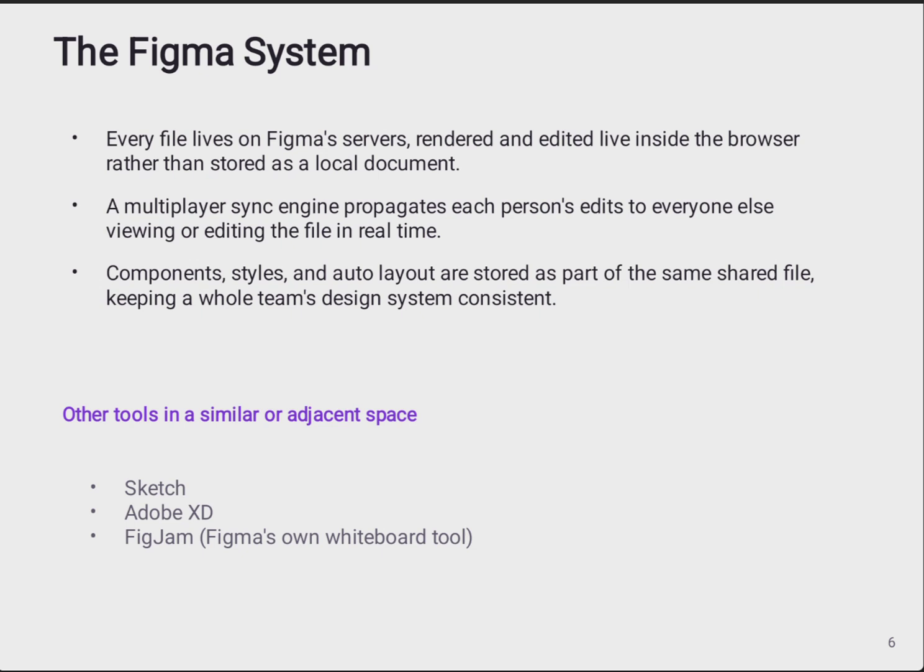Components, styles, and auto layout are stored as part of the same shared file, keeping a whole team's design system consistent. Other tools in a similar or adjacent space: Sketch, Adobe XD, FigJam, Figma's own whiteboard tool.